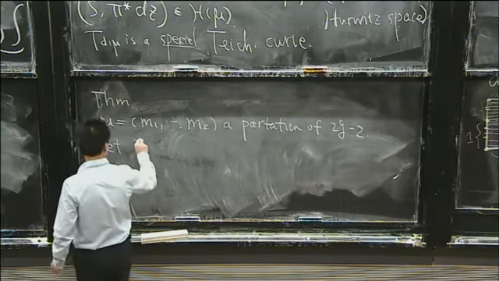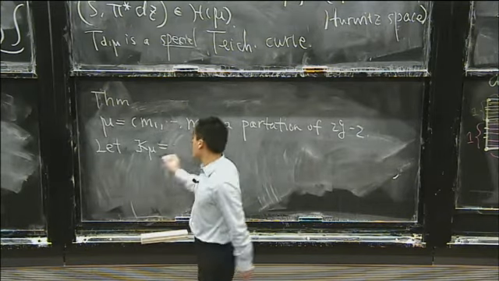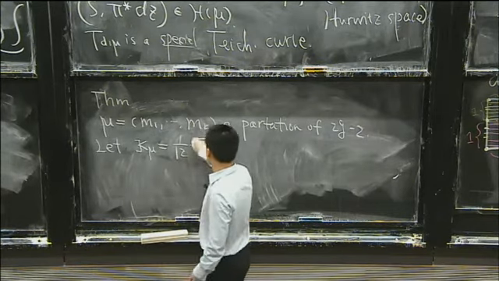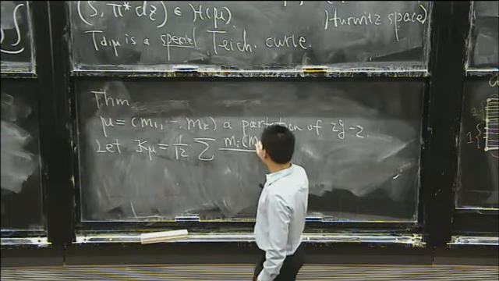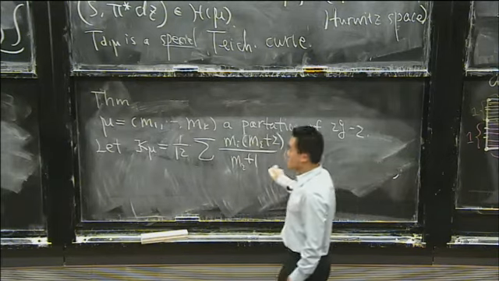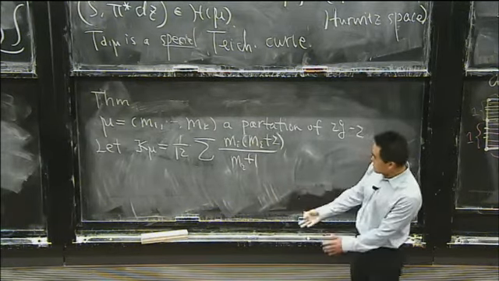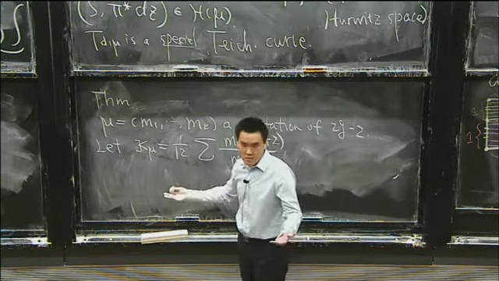I call it kappa mu. It's some constant determined by mu. Okay, it looks strange, but it just arises from computation. Once you fix the signature mu, this is just some number. It only depends on mu.